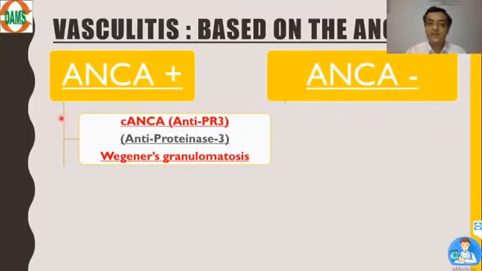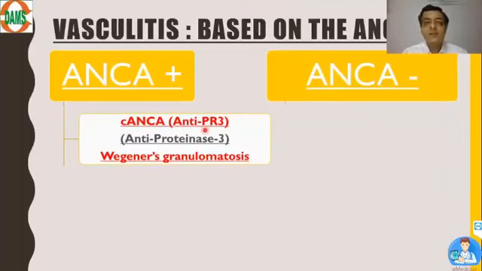So if it is C ANCA positive, you will note here please, C ANCA is an old terminology. The new name is the anti-PR3, that is antibody against proteinase 3.